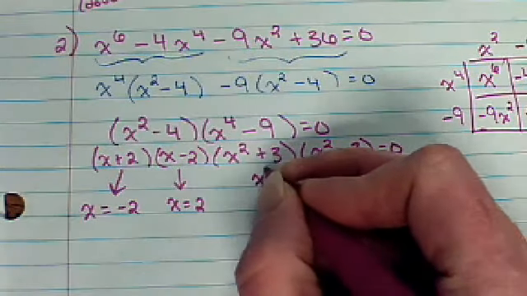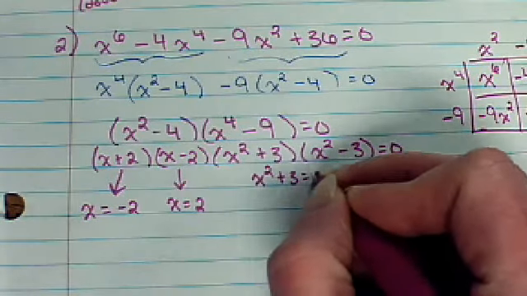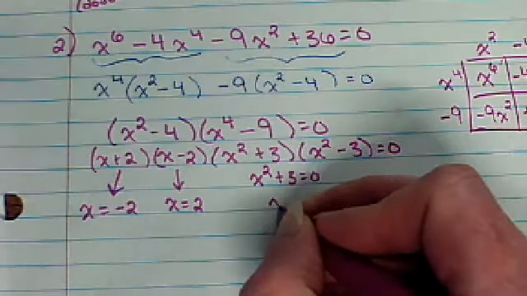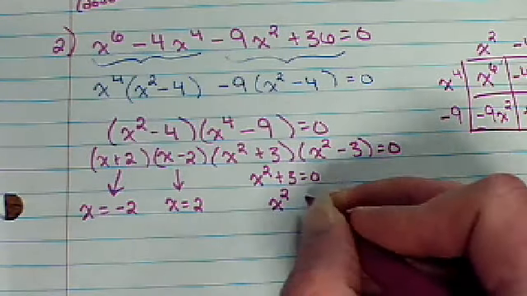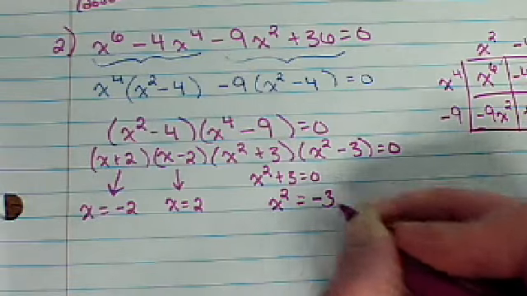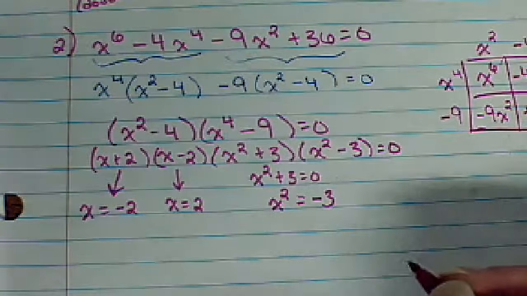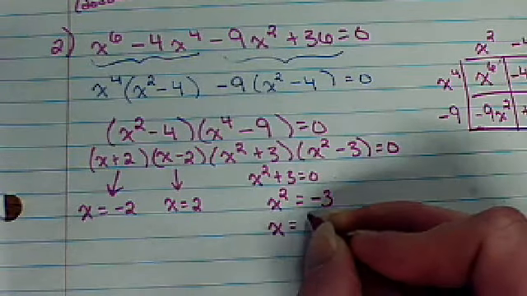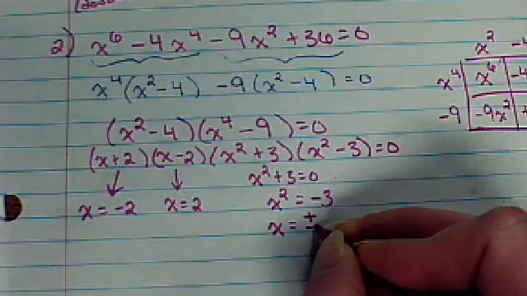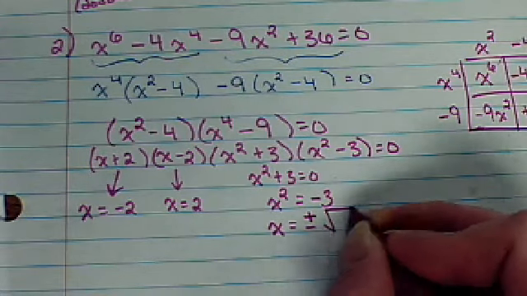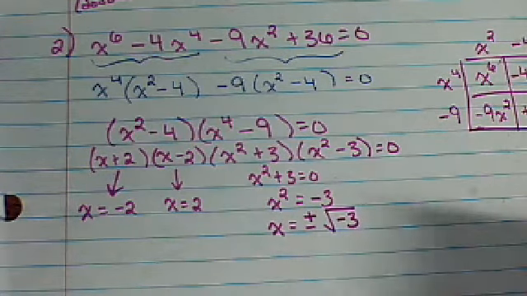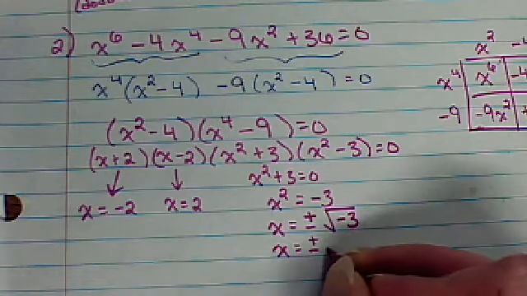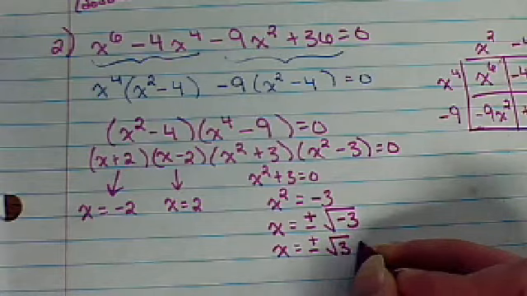If I set x squared plus 3 equal to 0 and solve it, I'm going to subtract 3, so I get x squared equals negative 3. Square root of both sides, I get x equals, don't forget your plus or minus, the square root of negative 3, which is imaginary, but that's okay. It is a solution. I get plus or minus the square root of 3i.